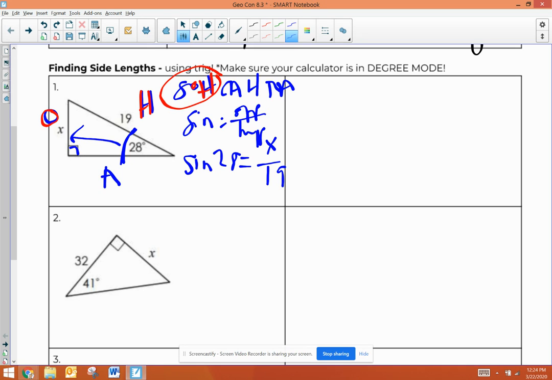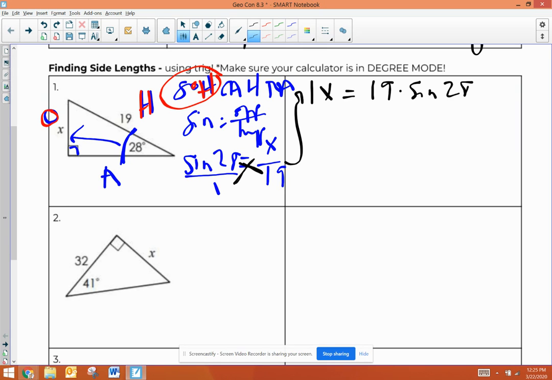I have a fraction on the right side, not on the left side, so I'll just put this over 1. All right, and I'll cross multiply, just like we did in chapter 7. So when I cross multiply, I have 1x equals 19 times the sine of 28.